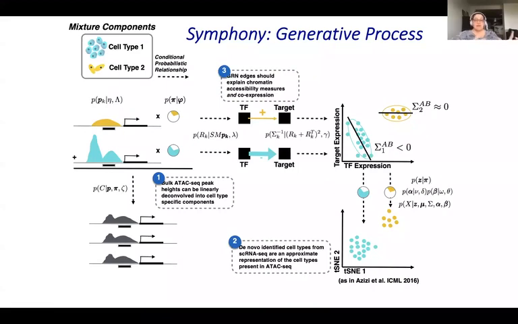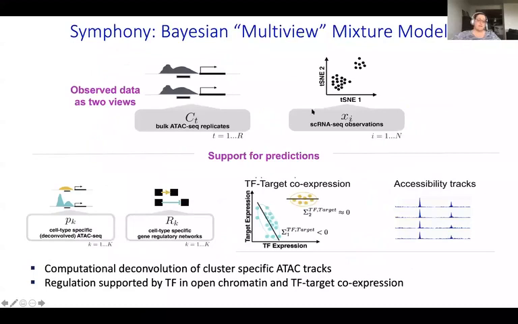And basically we try and combine everything to define a model that uses our observations to explain the data, and build a regulatory model that's supported both by a TF and a target having very strong covariate relationships, and preferably with accessibility tracks supporting a binding motif.